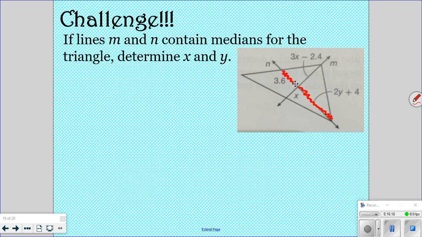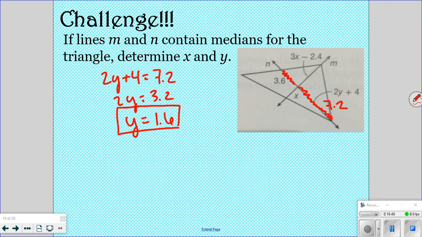So if this is 1/3 and it's 3.6, multiplied by 2 would give you 7.2 for this 2y plus 4. So 2y plus 4 would have to equal 7.2. And so if you subtract 4, 2y would equal 3.2. And then if you divide by 2, y would be 1.6.